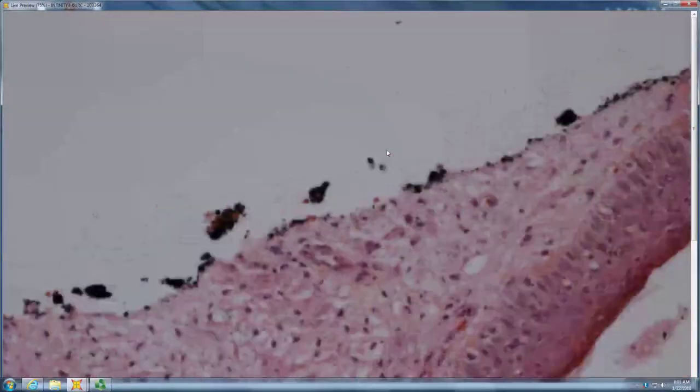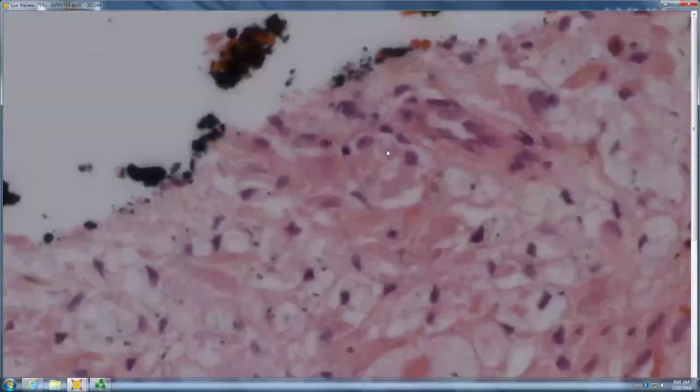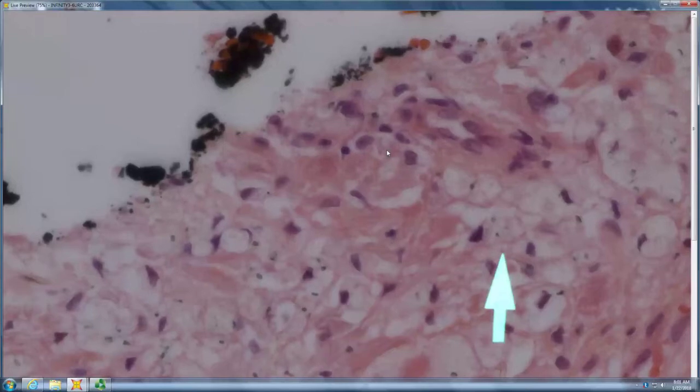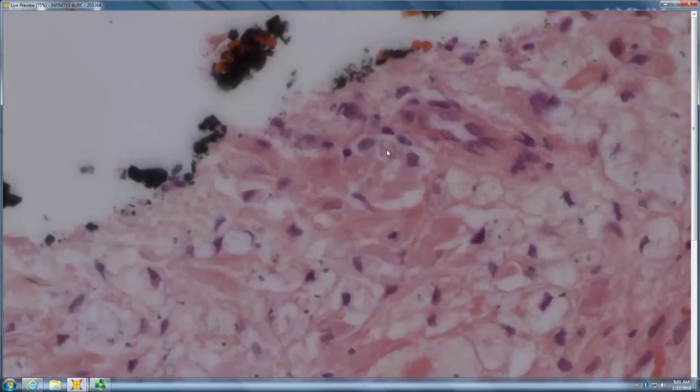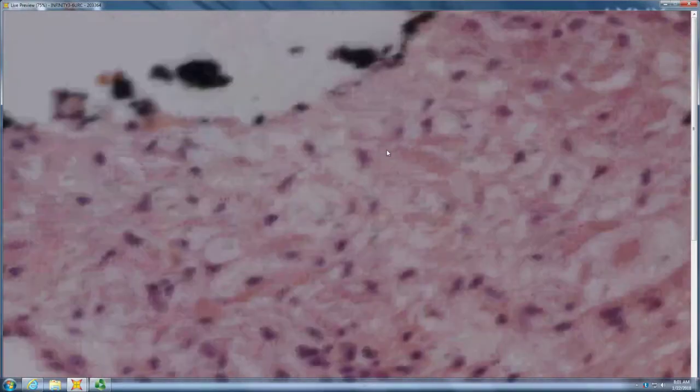This one's a little tough unless you've seen it in lung, where it looks exactly like this. See all these little dark things? They look almost silvery and they look like little crushed ping pong balls. That's what Pneumocystis looks like.